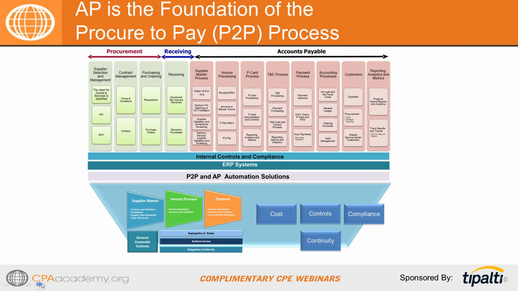And here's where we're looking at ensuring, with internal controls compliance and certainly integrated ERP systems and, again, automation, that we get a lot closer to improved cost controls, compliance, and achieve the 10 benefits of AP automation.